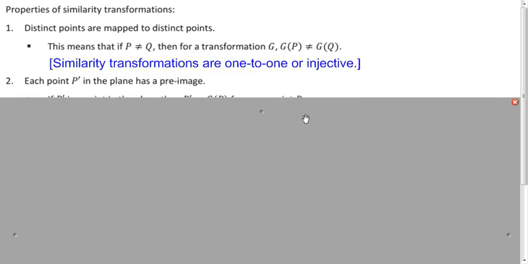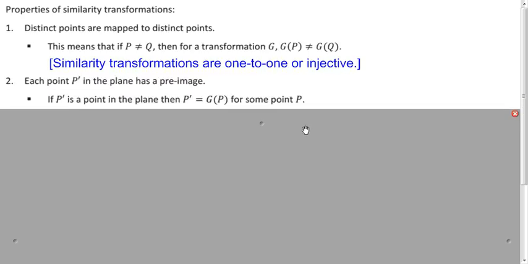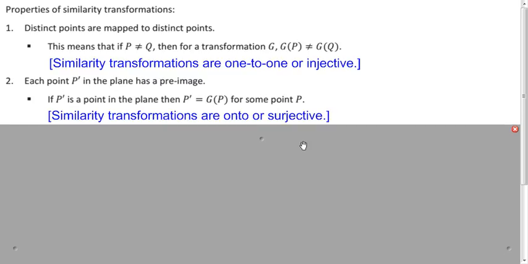And also, any point that you get from a similarity transformation had to come from some point in the pre-image. This is a math property. I know it seems silly, but it is important. This is a property called onto, or surjective, another fancy term. You don't have to memorize what's in blue here, just for knowledge, just so you know more.